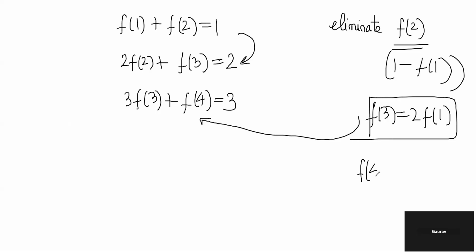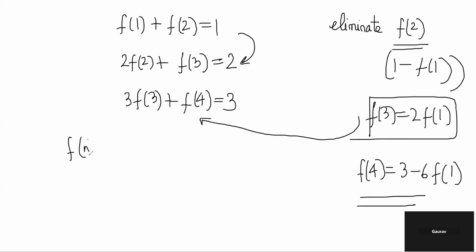And we got f of 4 as 3 minus 6 times f of 1, right? And we know additional information that any value of f of n will be between minus 8 and 8. So from there, putting that inequality, we get f of 1 values have to be between minus 5 by 6 and 11 by 6, right?